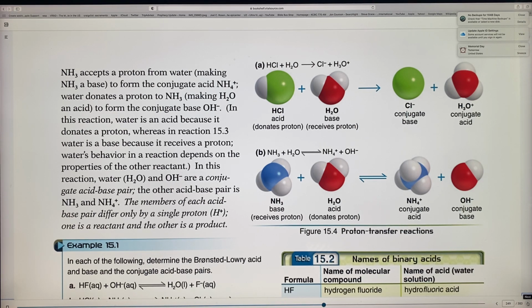Here in this figure, you can see how this is a proton transfer reaction. We have the acid, hydrochloric acid, and you have the base, which in this situation is going to be water. And so it'll form a conjugate base. See how it lost this proton here? And so it's a conjugate base.